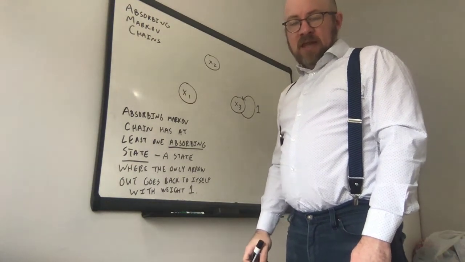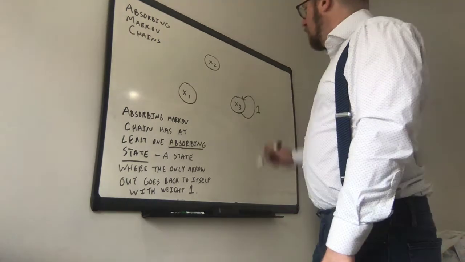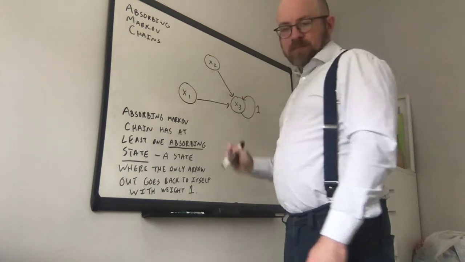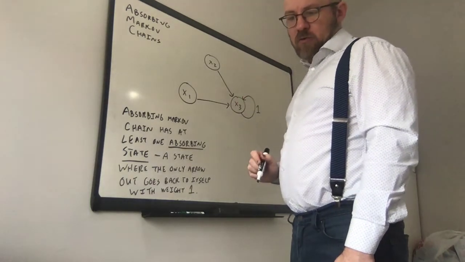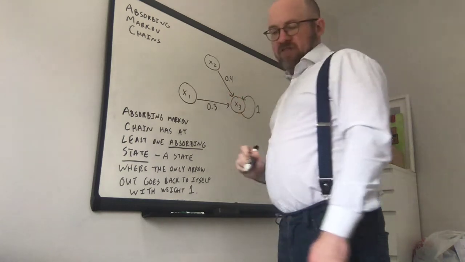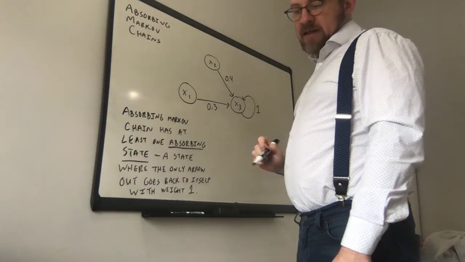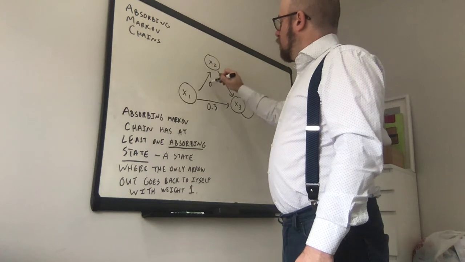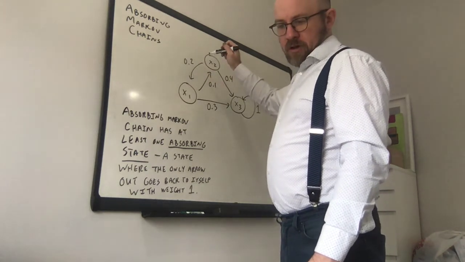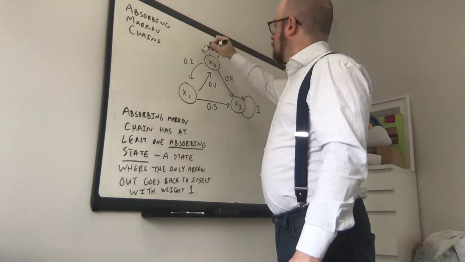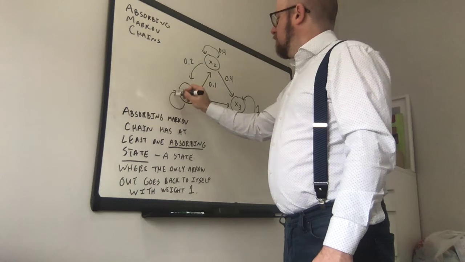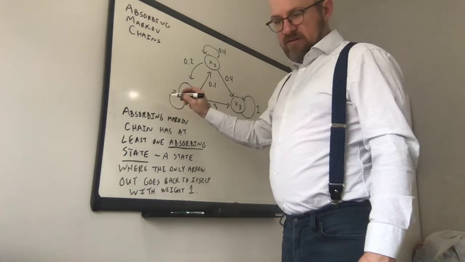Now you will still have arrows going into x sub 3 from the other states. For example, you might have 0.4, 0.3, 0.1, 0.2, 0.4, and then from this one, 0.6.